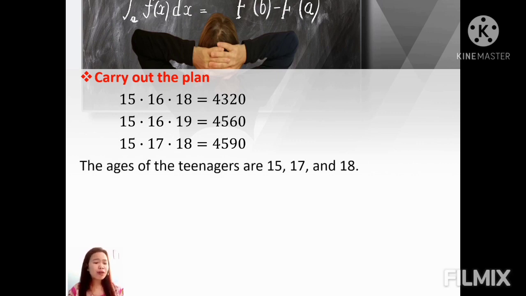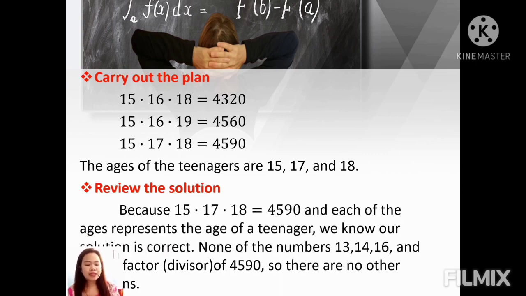Now, after na makuha natin, ma-carry out natin yung plan natin na ginawa sa step 2, let us now review our solution. Now, because 15 times 17 times 18 is equal to 4,590. Each of the ages represents the age of the teenagers, and in other words, alam natin na ang solution natin is correct.